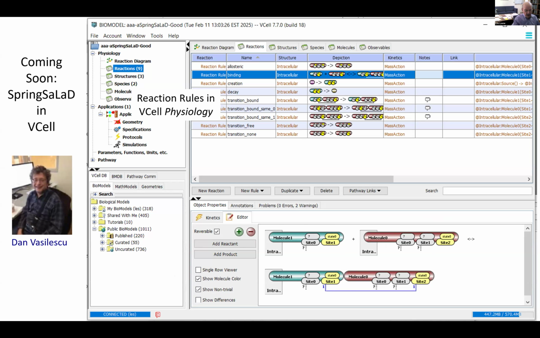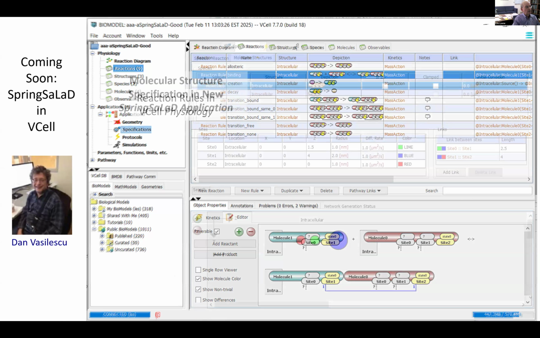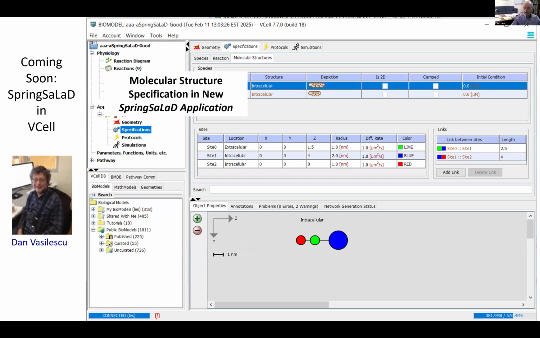We found that it would be fairly natural to add a new application type where we can define a SpringSaLaD model in terms of a real structure and use the SpringSaLaD simulation engine to produce the same kind of simulation results. So this is coming along very quickly due to the work of Dan Vasilescu, and this will be in vCell fairly soon. So you won't actually have to learn how to use SpringSaLaD. You'll just have to learn how to use this one application.